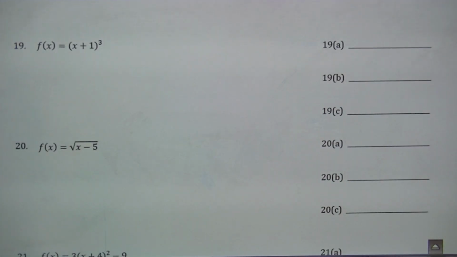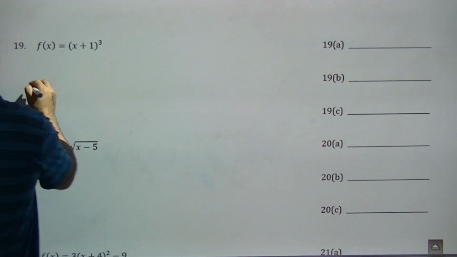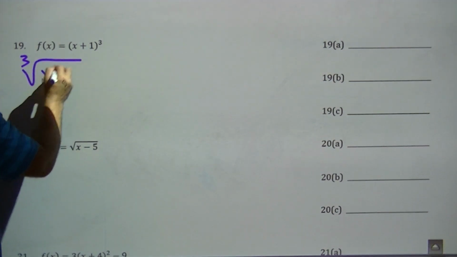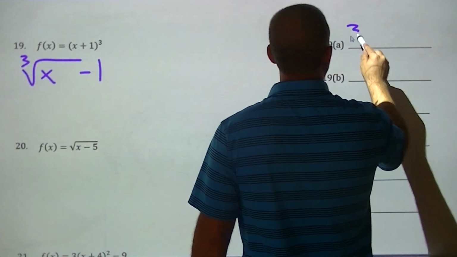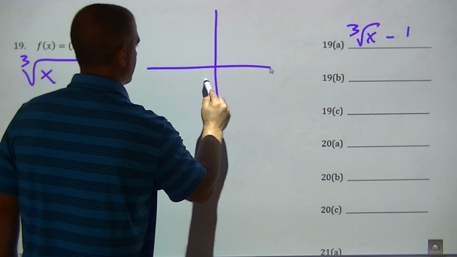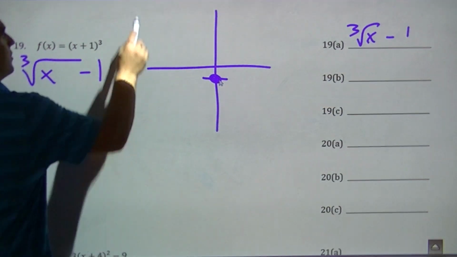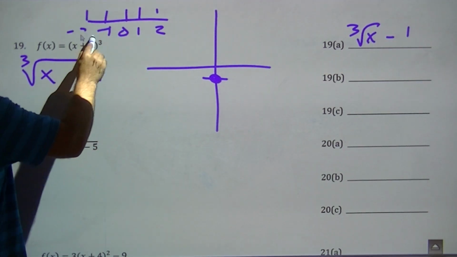19. The opposite of a cube is a cube root. This is plus 1 on the outside, so it would be minus 1 there. That's my function. My anchor point is 0, -1. So I would graph 0, 1, and 2, -1, -2.